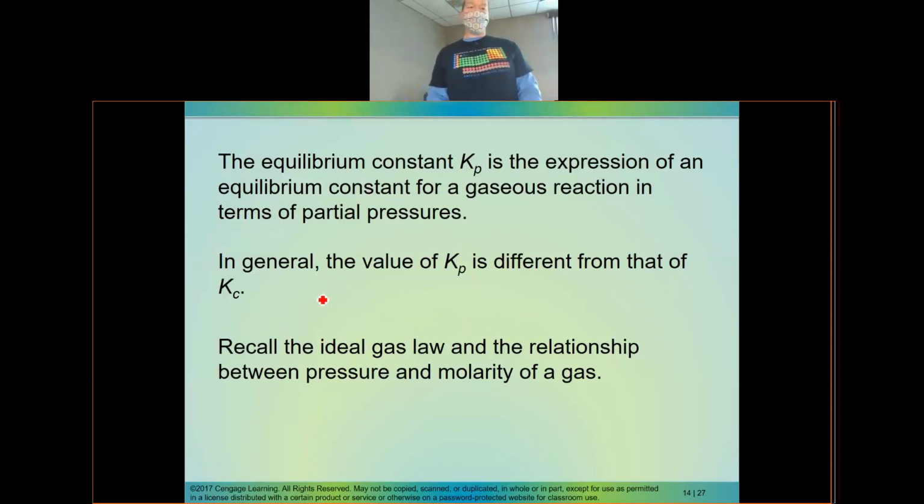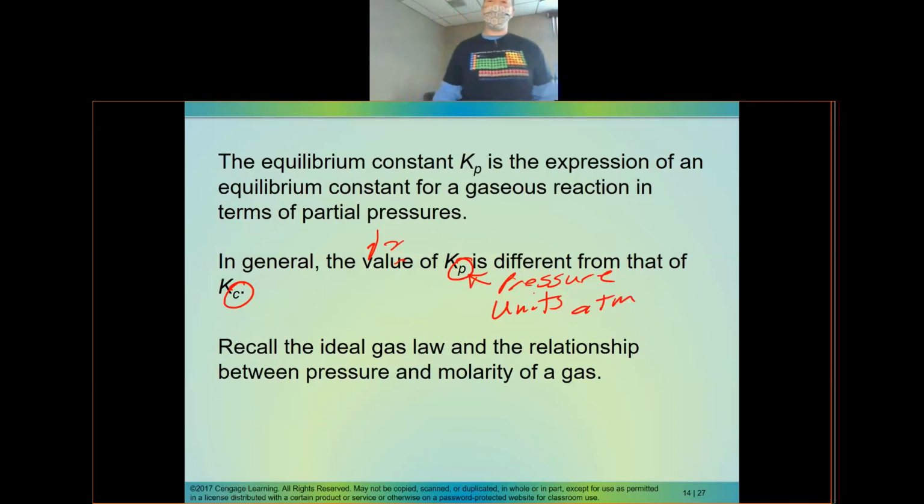All right, so we have a Kc, that is concentrations. We're also going to have a Kp. So Kp means pressure. Now pressure, concentration, the units was molarity. Pressure, your units are going to be atmospheres. There's a bunch of different concentration units. For Kc, always molarity. There's a bunch of different pressure units. For Kp, always in atmospheres.